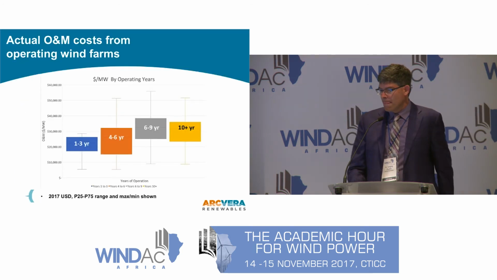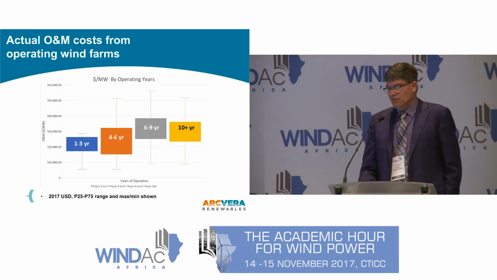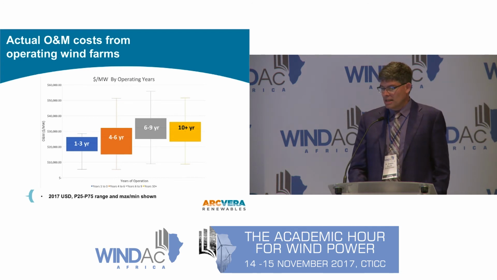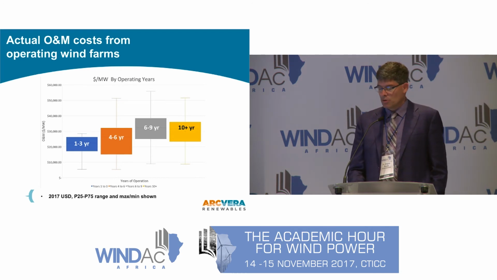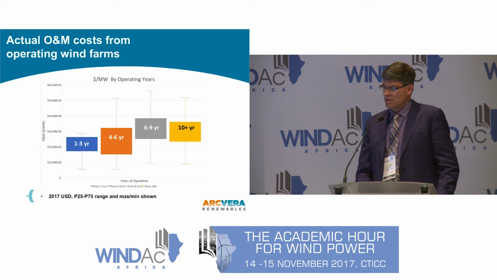Okay, so what are the actual costs of O&M? We broke the data down by the number of operating years. And you can see here the early years, the rates are somewhere near 20,000 per megawatt. 4 to 6 years, not too different in the mean, but definitely increasing with a pretty wide range, if you look at those P25 and P75 ranges represented by the upper and lower ends of the orange box.